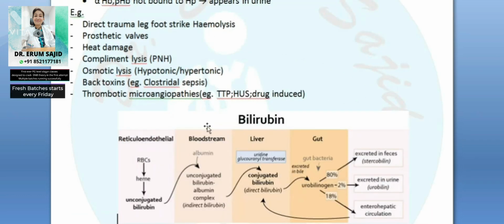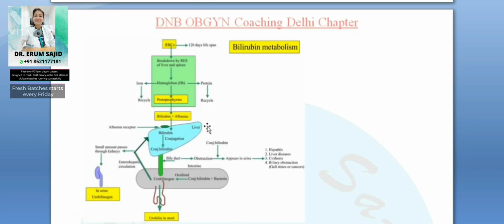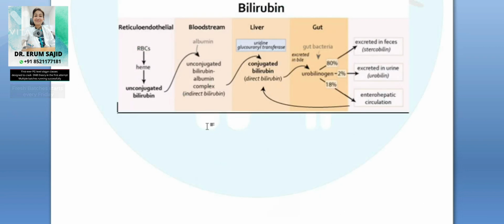When the hemoglobin breaks down because of whatever reasons, see over here, can you see this? This is the metabolism of what happens. When RBCs break down because of hemolysis, the heme is released. Heme gets converted into biliverdin, which is an unconjugated form, and it goes into the bloodstream.